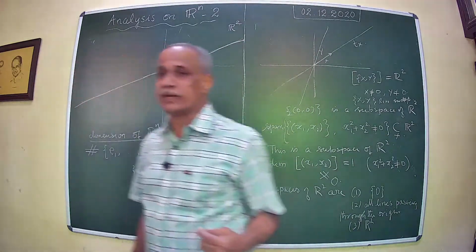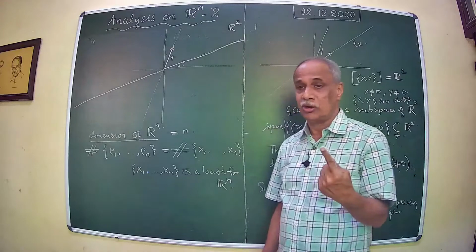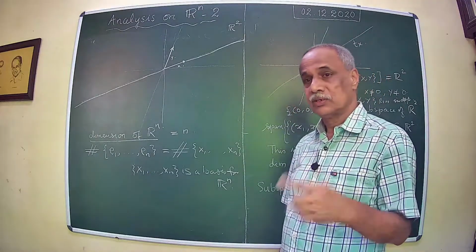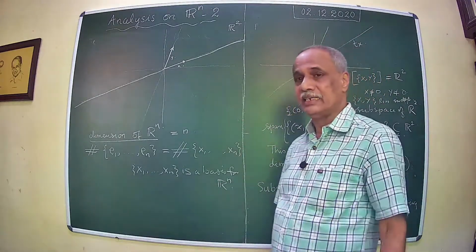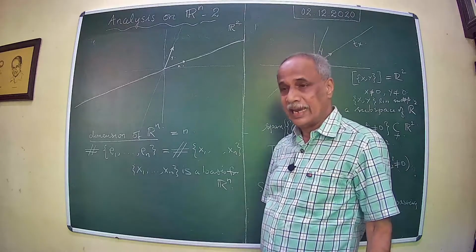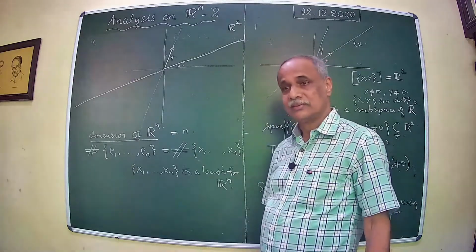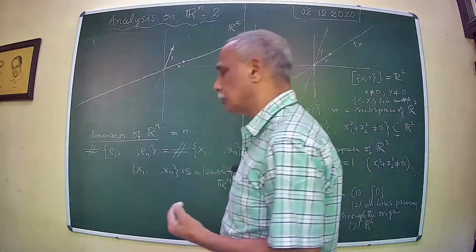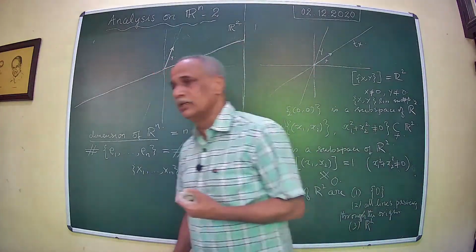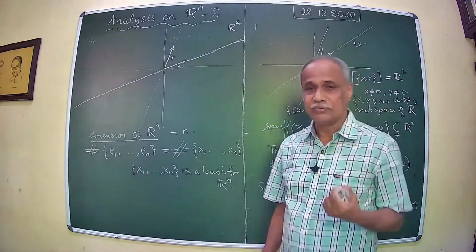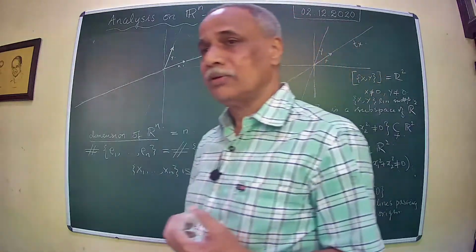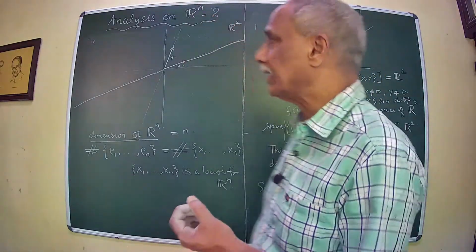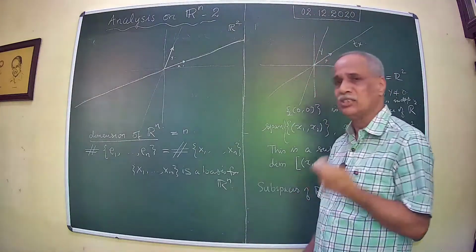Subspace generated by a single non-zero vector, which is essentially a line passing through the origin, and two-dimensional subspaces, which are generated by a pair of linearly independent vectors in Rn, and so on.